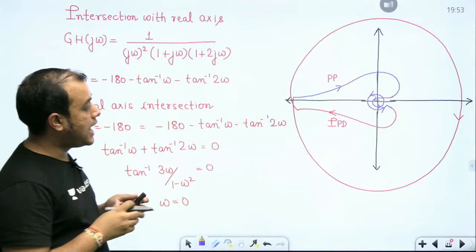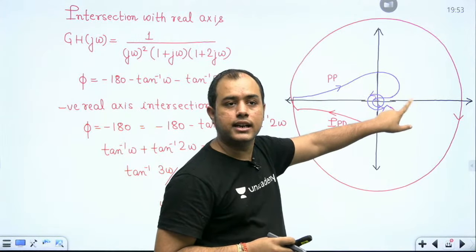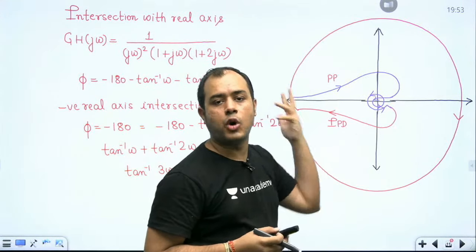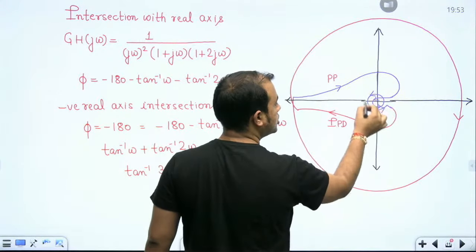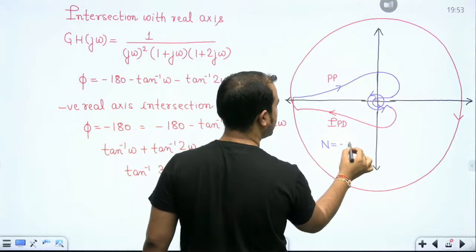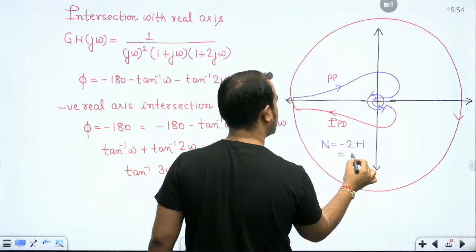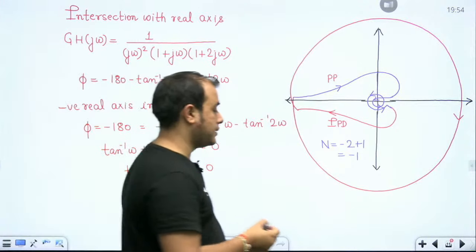So try and draw two anti-clockwise circles here. Just two anti-clockwise circles. This small circle will be there. Now see, what is the value of N? 2 times anti-clockwise, 1 time clockwise. It is minus 1.